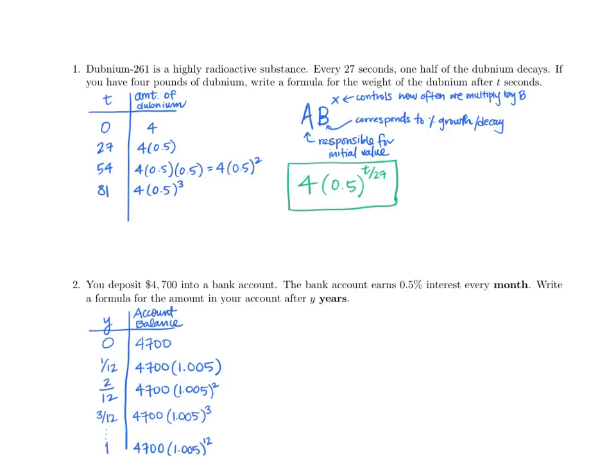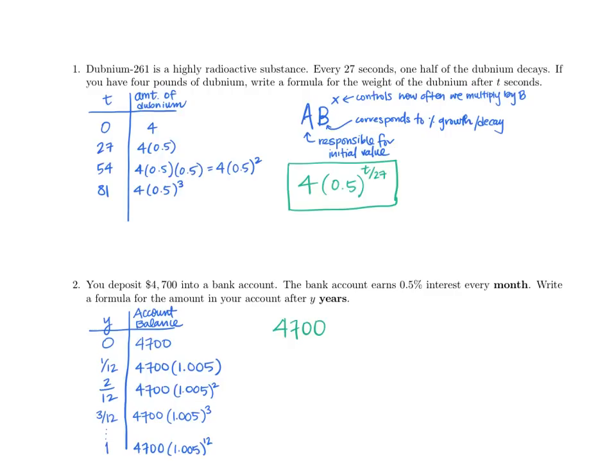So let's get started. We now want to use the same approach that we did up here, but in this particular context. Remember that the A quantity is responsible for our initial value. For us, our initial value is 4,700. That's the amount that the account starts off with. Then we have to figure out this multiplier that corresponds to either the percent growth or decay.